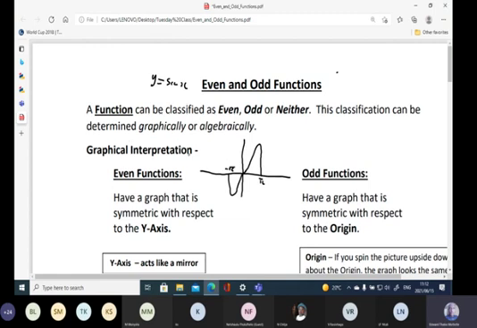What they're discussing here, if you look at this function, this is 0. If you are at 0, you look up and you look down, you see the same thing. So this type of function, we say that they are symmetrical about the origin.